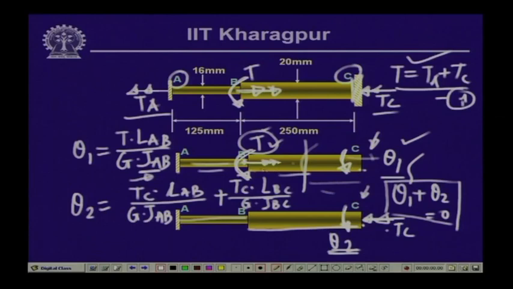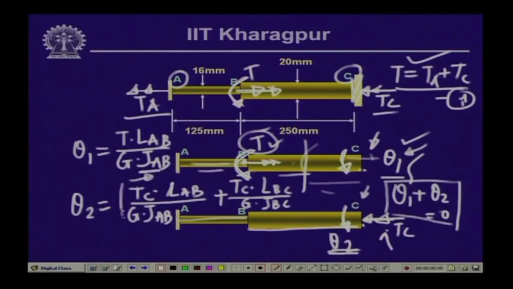If you note here that the twisting moment T is acting in the positive direction, as we have defined earlier, when it moves in an anticlockwise direction, so the direction of the twisting moment is in the positive x direction. So, the rotation correspondingly also is positive, and T C is acting in the opposite direction, which is negative.